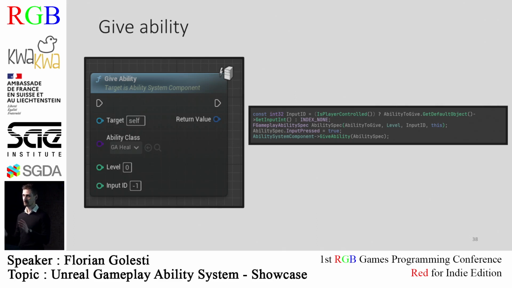So the problem is, if you want to make your ability evolve, if the player spends components to add a level to this ability, you have to first ungive it and then give it back with a higher level. And finally, you have an input ID you can set, because the system comes with an out-of-the-box system that says if you trigger a defined key, it will trigger the ability for you. You can use it or not if you want, but it's ready for you out of the box.